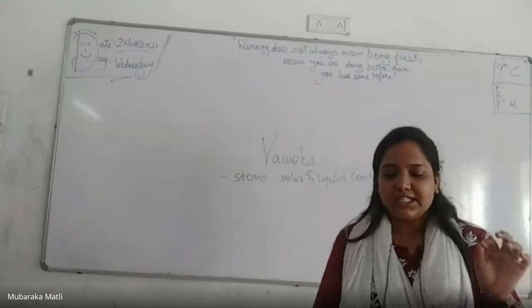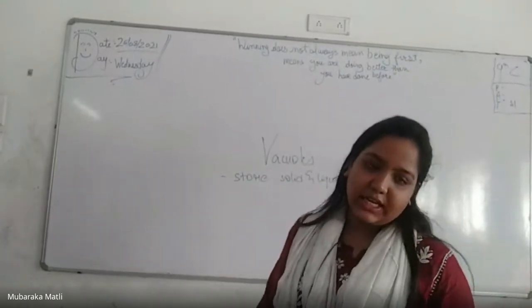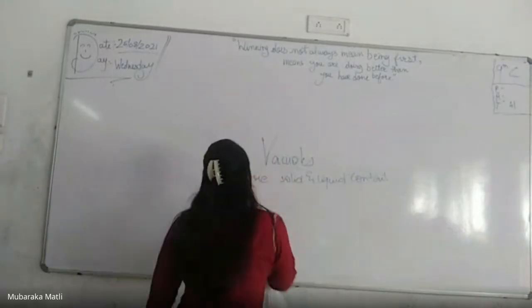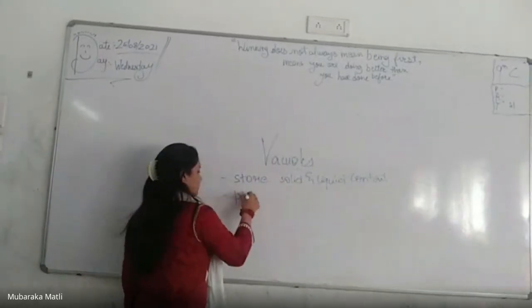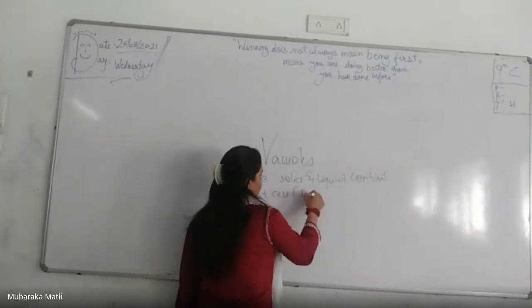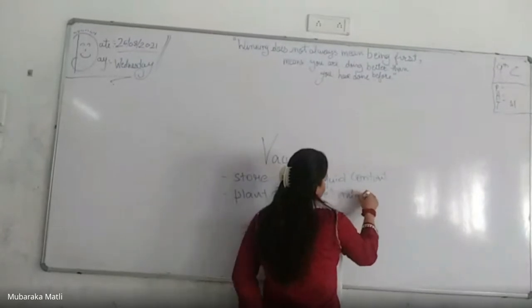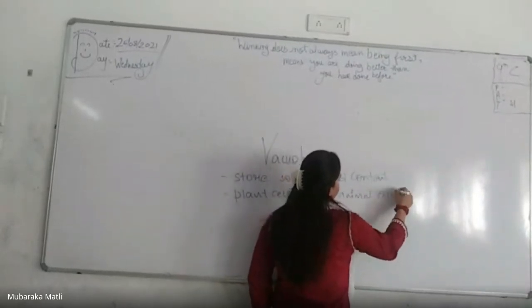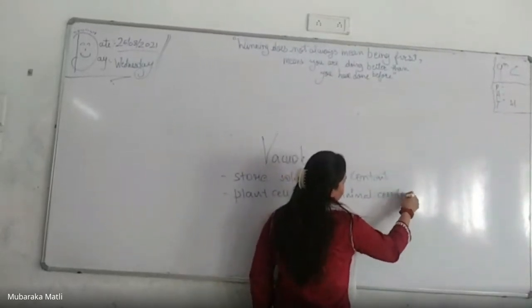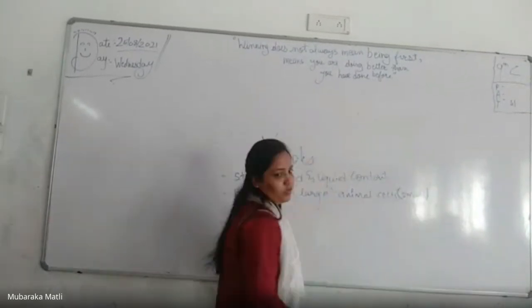Vacuoles are small sized in animal cell, while plant cell have very large vacuoles. Animal cells have small. Okay.